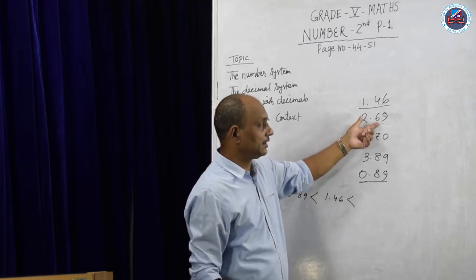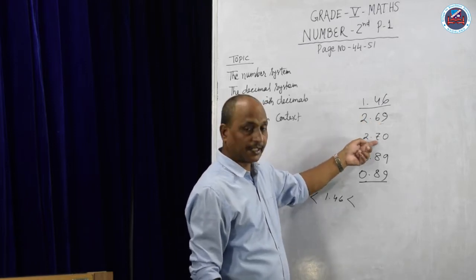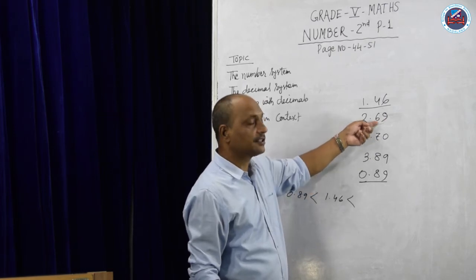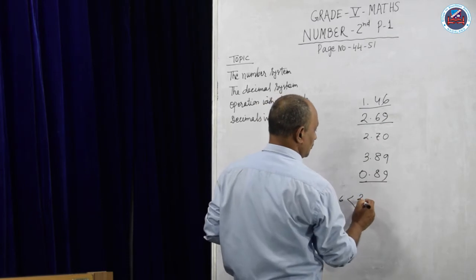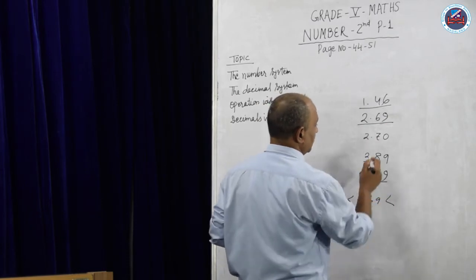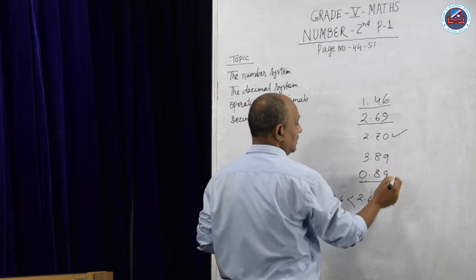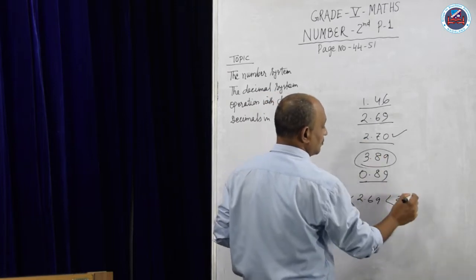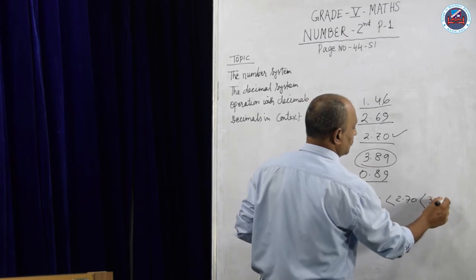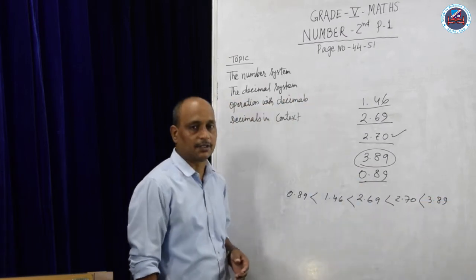After the decimal, here is 6 and here is 7. Automatically this 2.69 will become the smaller. So 2.69 becomes the smallest. Now next remaining is this one, that is 2.70, and at the end the last one remaining, that is 3.89, is the greatest number.